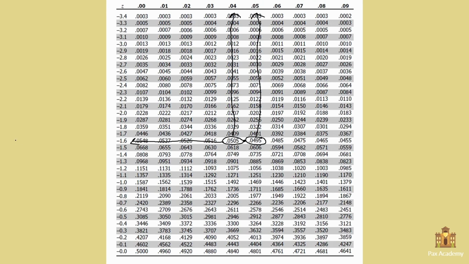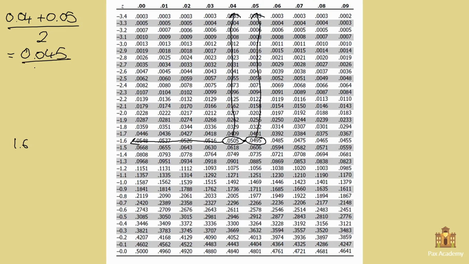So we still look horizontally, but we also look vertically on both values. So the horizontal value is 1.6. And then if we look vertically, we have 0.04 and 0.05. Now what we want to do is take both values, sum them up, and then divide them by 2. And this is going to give us the middle point. Now this should give you 0.045.